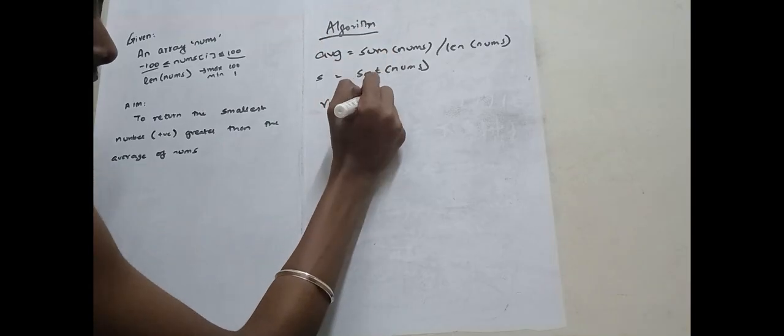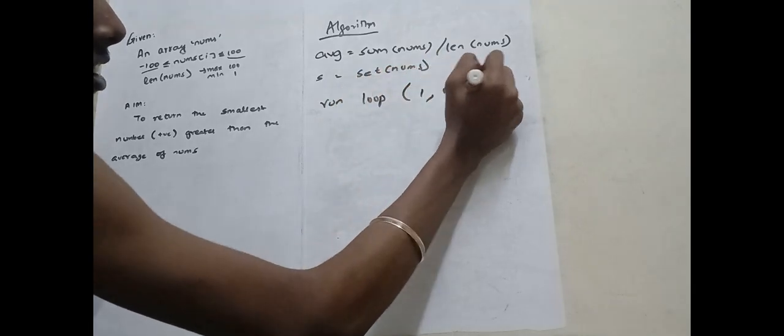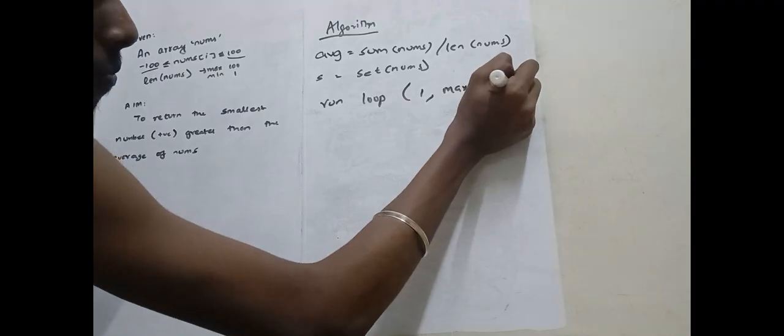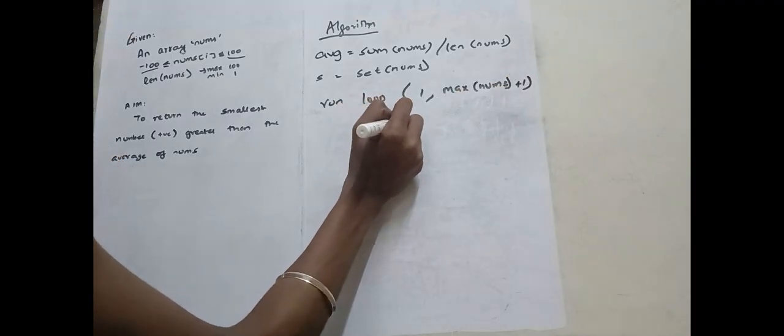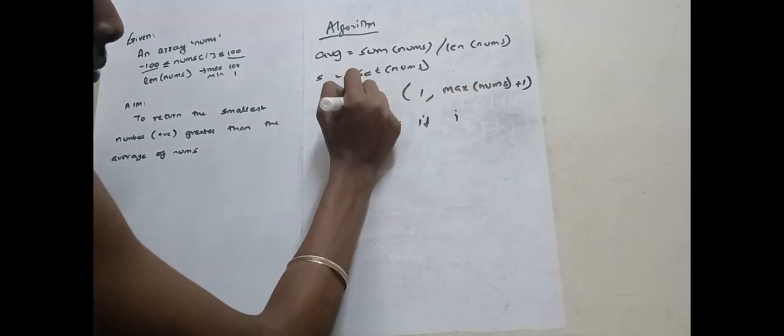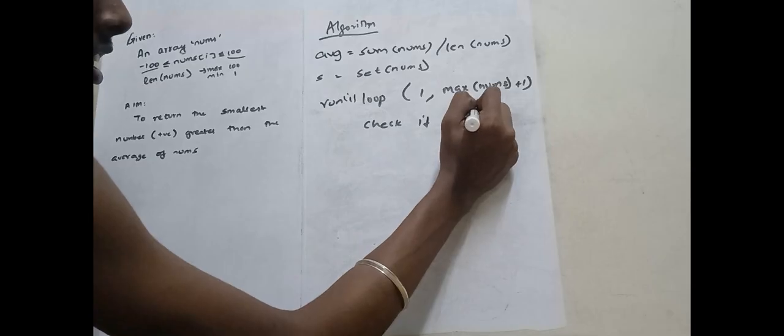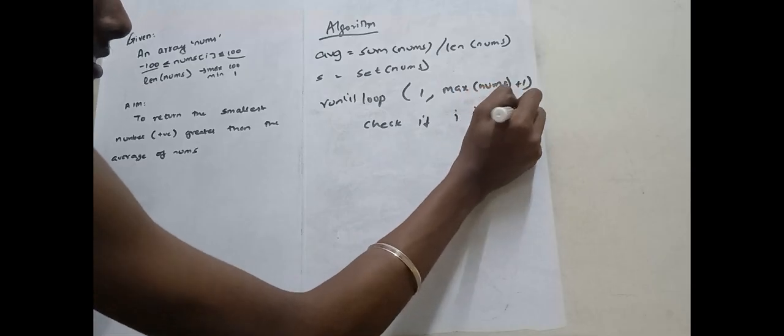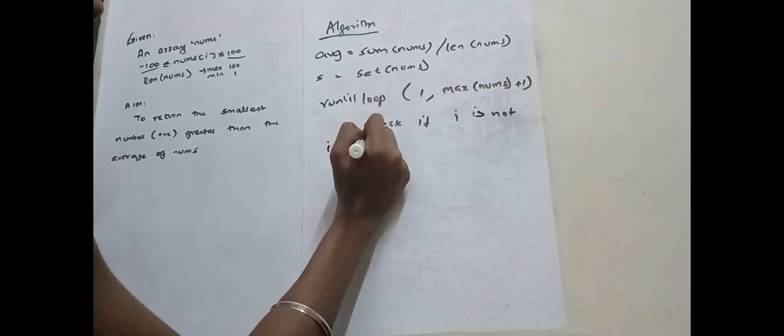So you run a loop. This is the algorithm. Run a loop from 1 comma max of nums plus 1. You check if I, let's say run I loop, is not in the set.